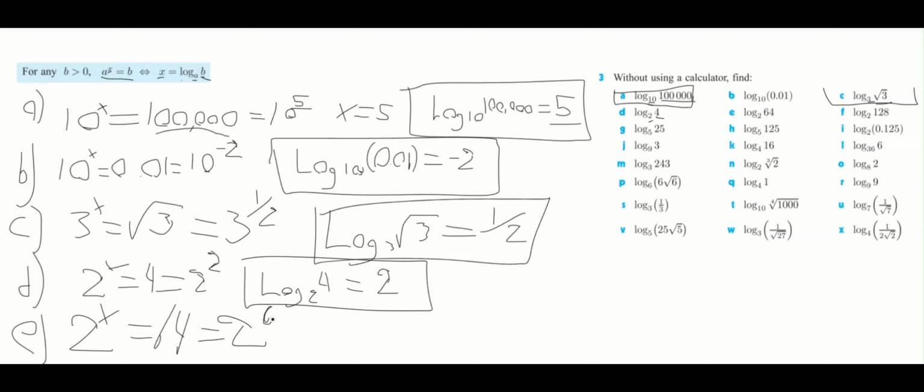That is the worst 6 of my life. 2 to the power of 6, which means that log base 2 of 64 equals 6.